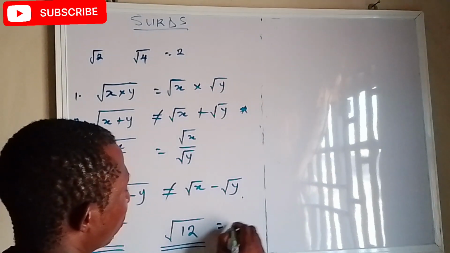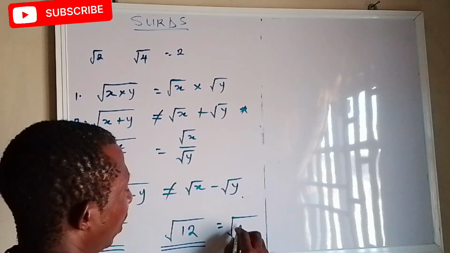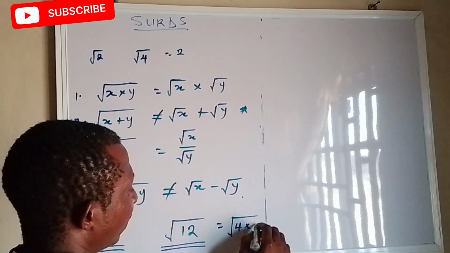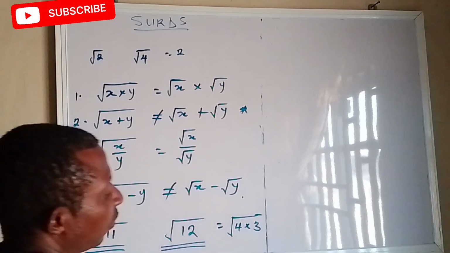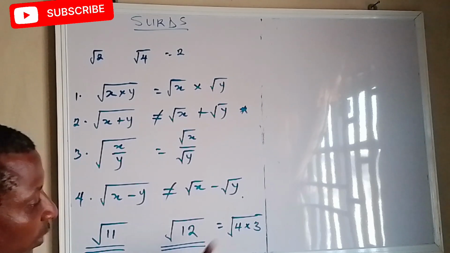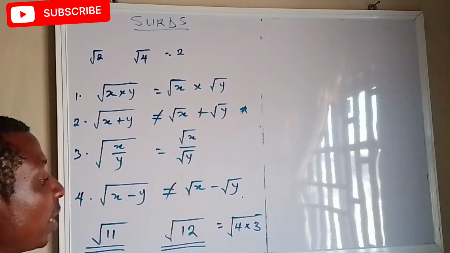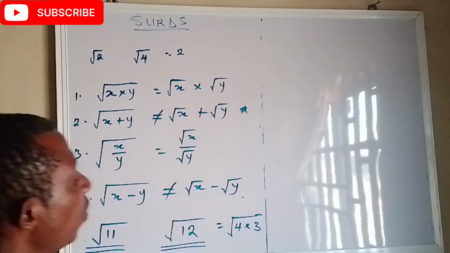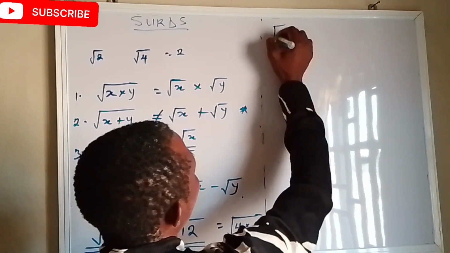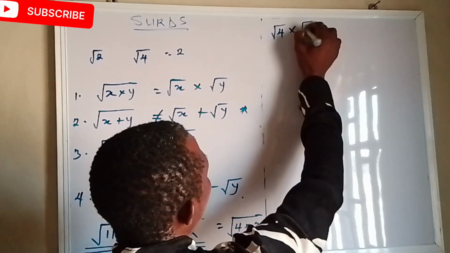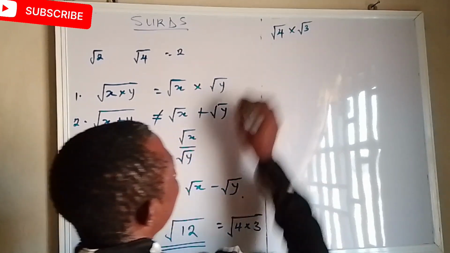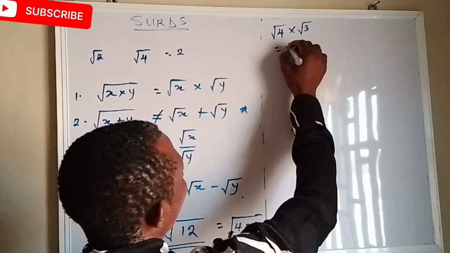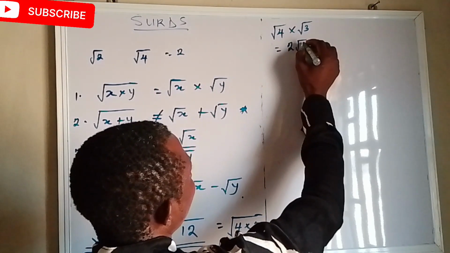So this gives us the square root of 4 times 3, and applying law 1, we have the square root of 4 times the square root of 3. That gives us 2 square root of 3.